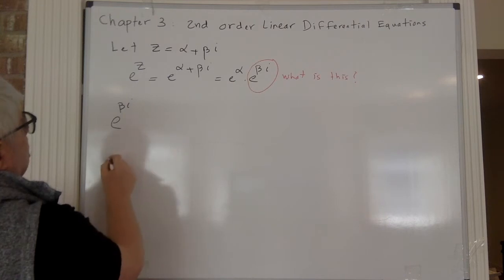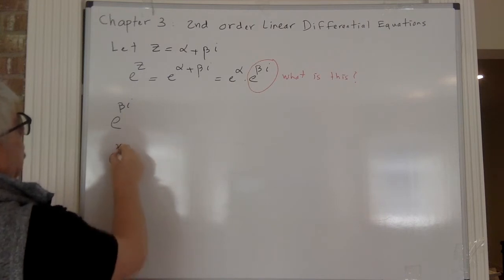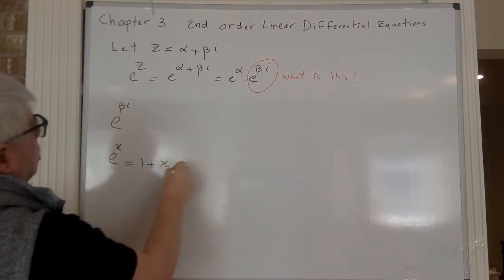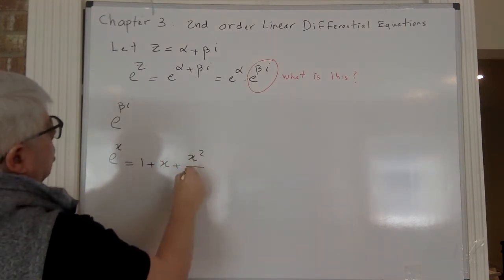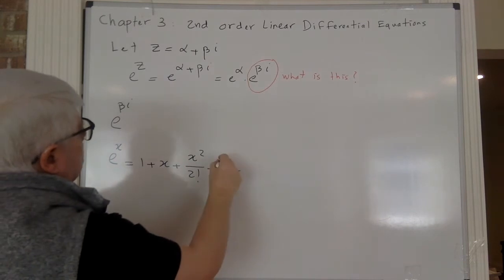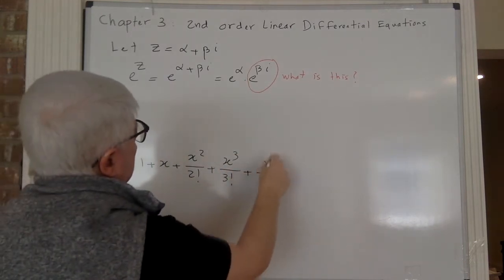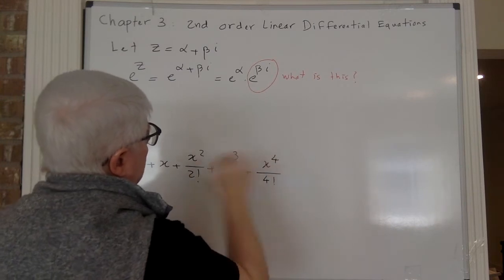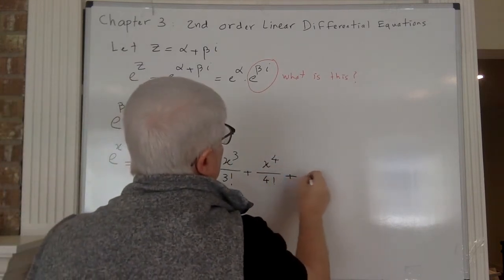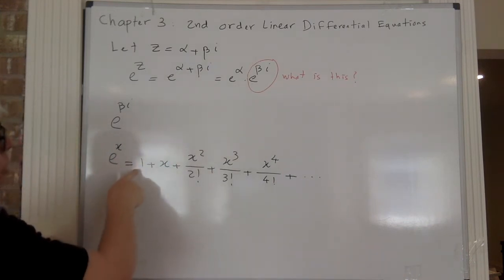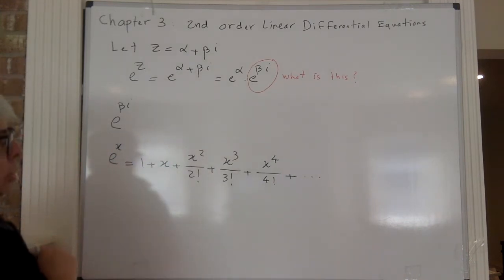Now recall e to power x from Calc 2 is 1 plus x plus x squared over 2 factorial plus x cubed over 3 factorial plus x to the 4 over 4 factorial. Well, let me write some of them. So this is x to the 1 over 1 factorial. This is x to the 0 over 0 factorial. Okay.